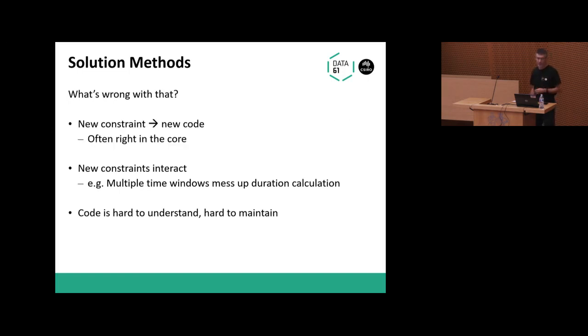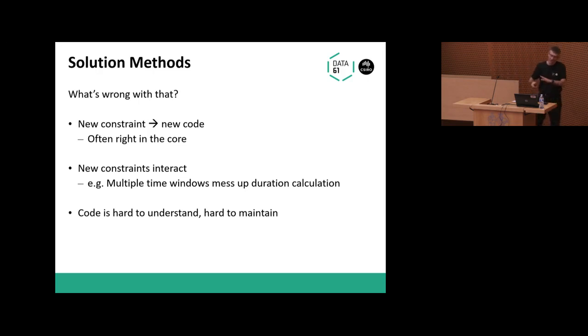So what's wrong with that? The basic problem is that when you get a new constraint, you basically have to rewrite all your code, and often it's right in the core. I can remember having to write a duration constraint. Because you've got waiting time in the middle when you've got time windows, if you arrive before your time window, you wait for a while. So when you insert a customer, it's not exactly clear how much that's going to affect your duration.